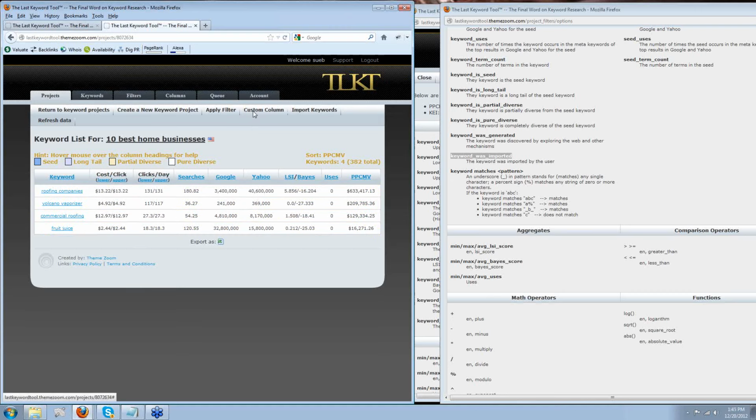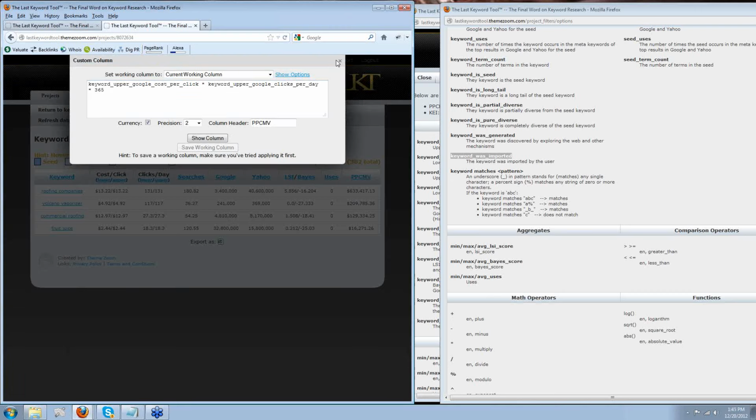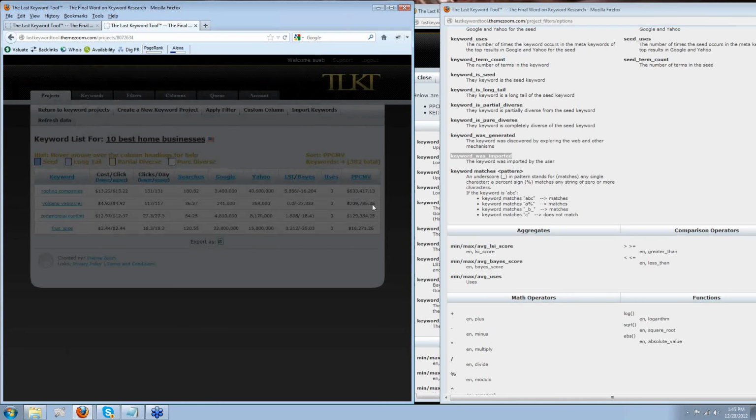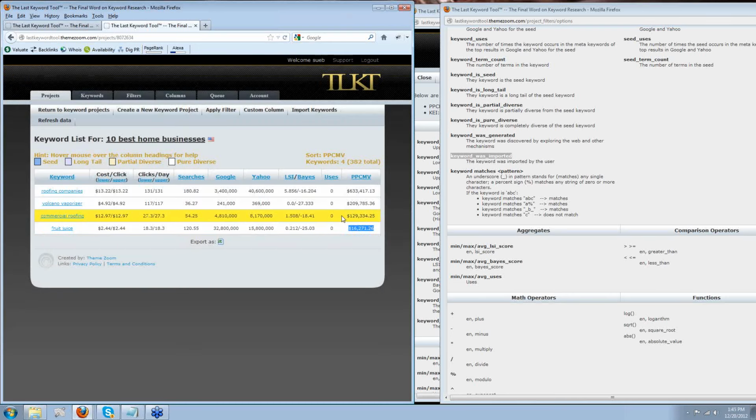You can see, if we take the times 365, like what I want to show you first. This is $16,000. This is $129,000. And so right now, when you look at those two things, you go, wow, there's a huge difference. Not that there isn't a huge difference between fruit juice and commercial roofing, but it looks like a really huge difference in terms of the money, right?